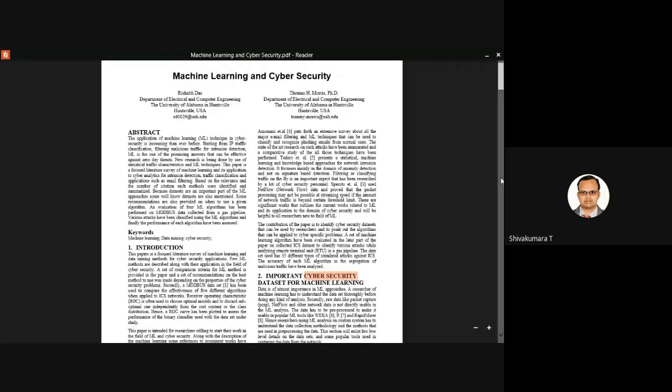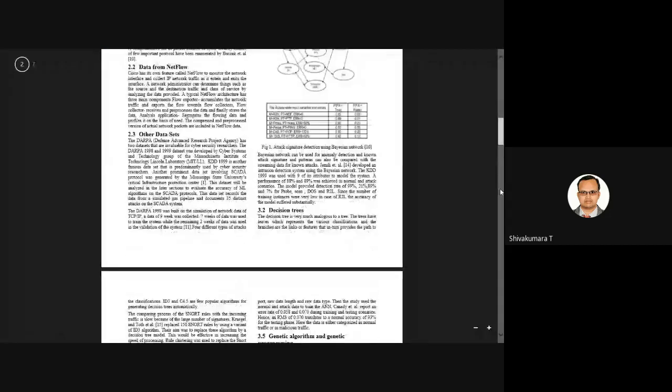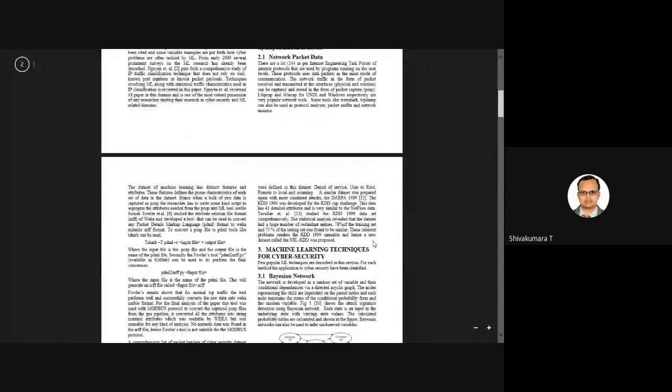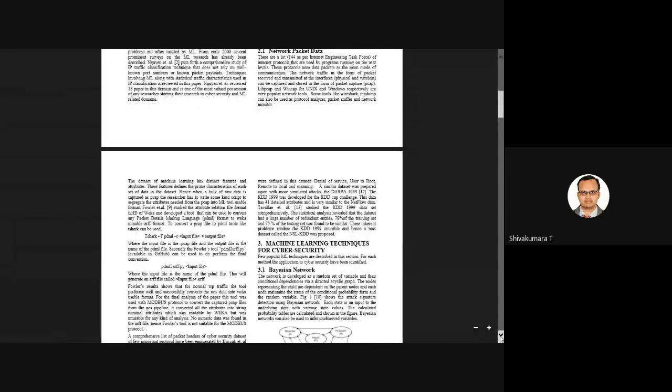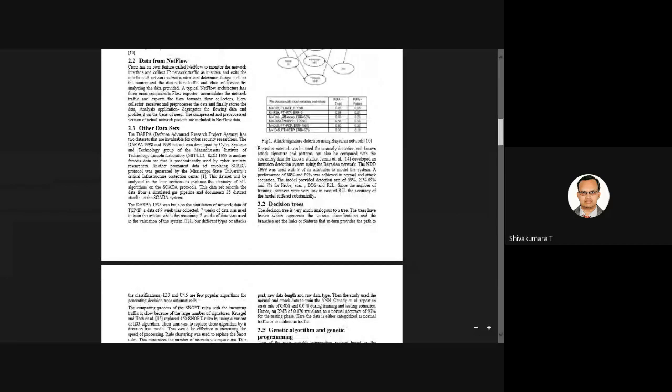So you can refer to this paper. You can observe some of the mathematical algorithms used for the machine learning techniques, also defined in this. Some tabular forms represent data sets used for cyber security, and so on.